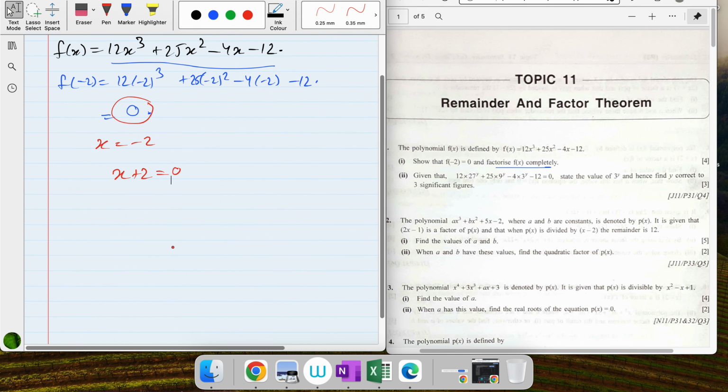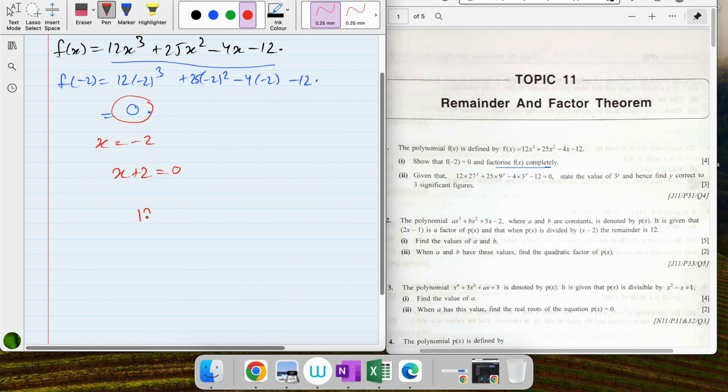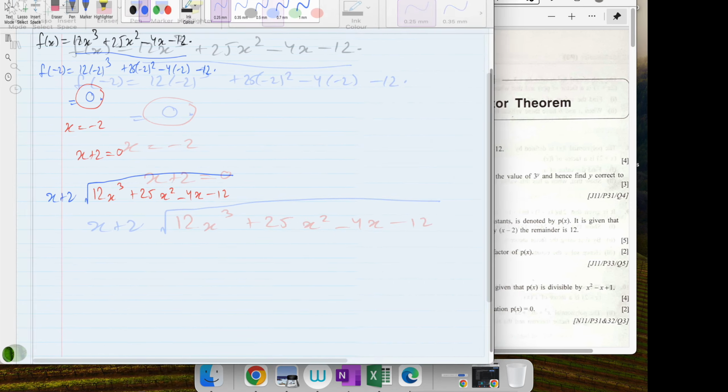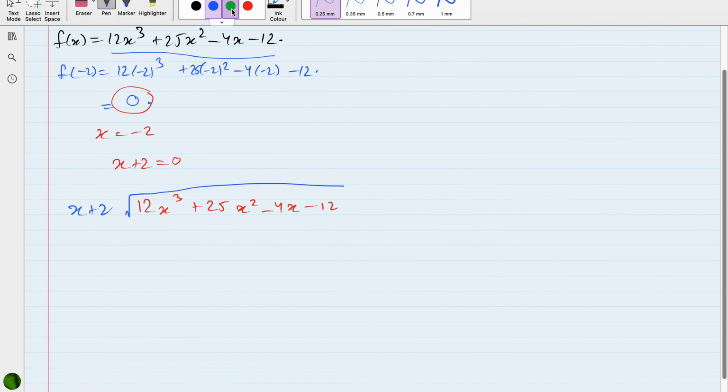So I'm going to divide this, which is 12x cube plus 25x square minus 4x minus 12, and we're going to divide it with x plus 2. So solving for long division, to get 12x cube I have to multiply it with 12x square.